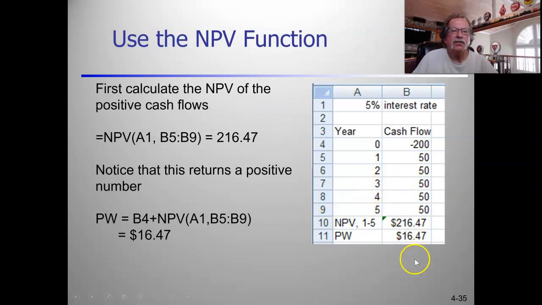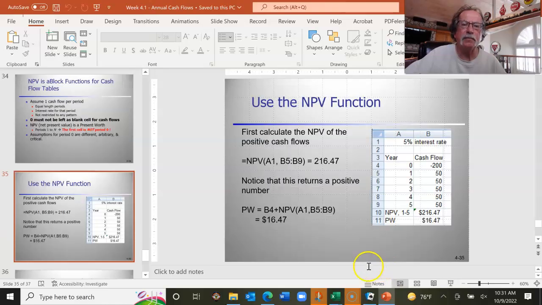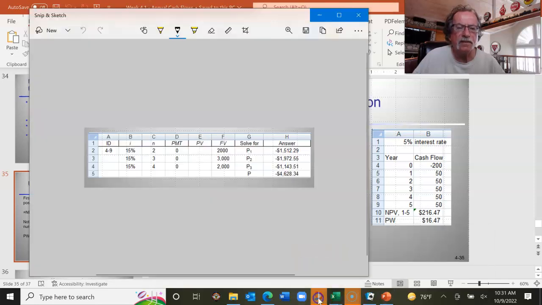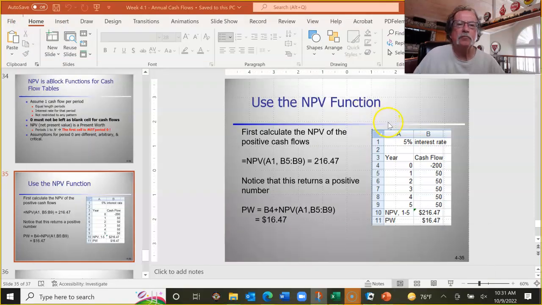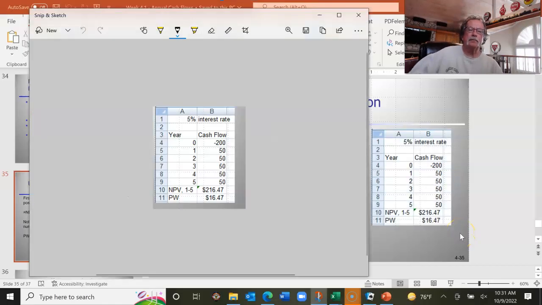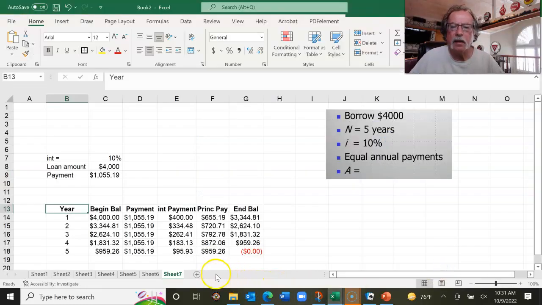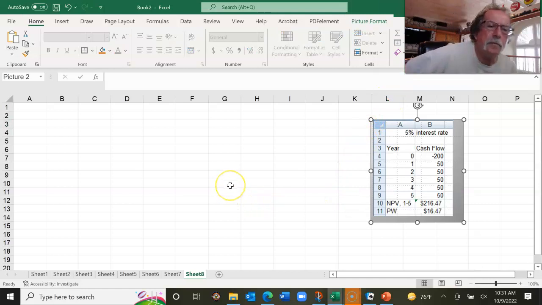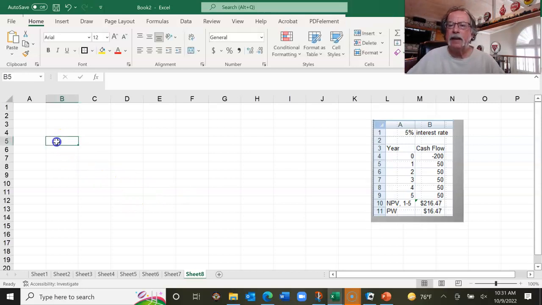The PV function is something completely different than the NPV function. So let's look at this series here. I'll give you an example here, and that'll be pretty much it for this video. So here's our cash flows.